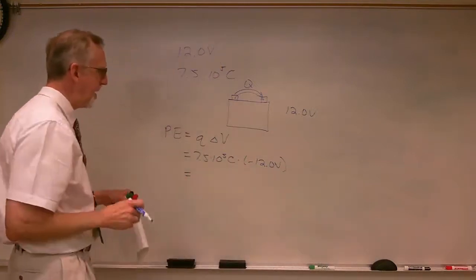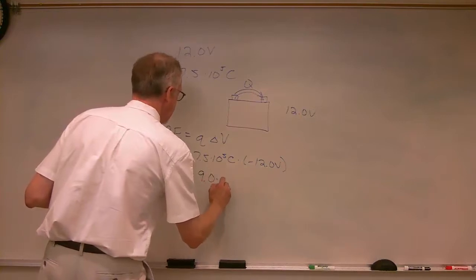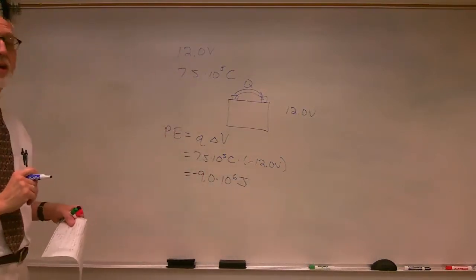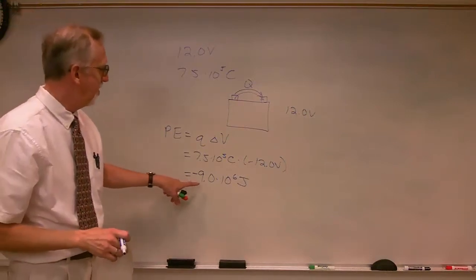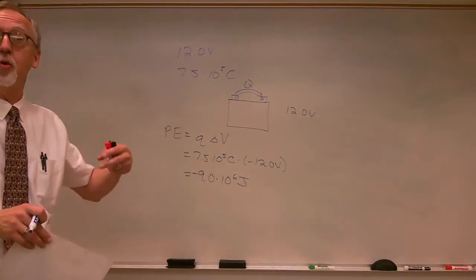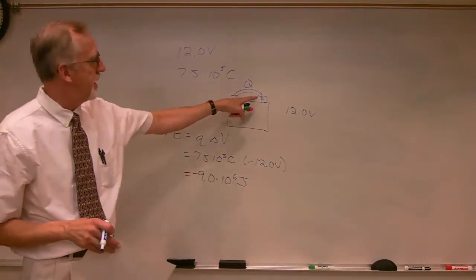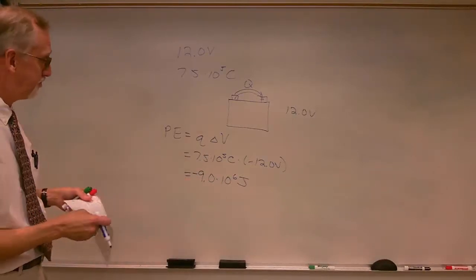So multiply that out. How much energy have we lost? That's going to be about 9.0 times 10 to the 6th joules negative. In other words, those charges have lost an amount of potential energy of about 9 million joules. In other words, they have delivered that energy to the circuit. We're getting an amount of energy of 9 million joules out of this electrical circuit.